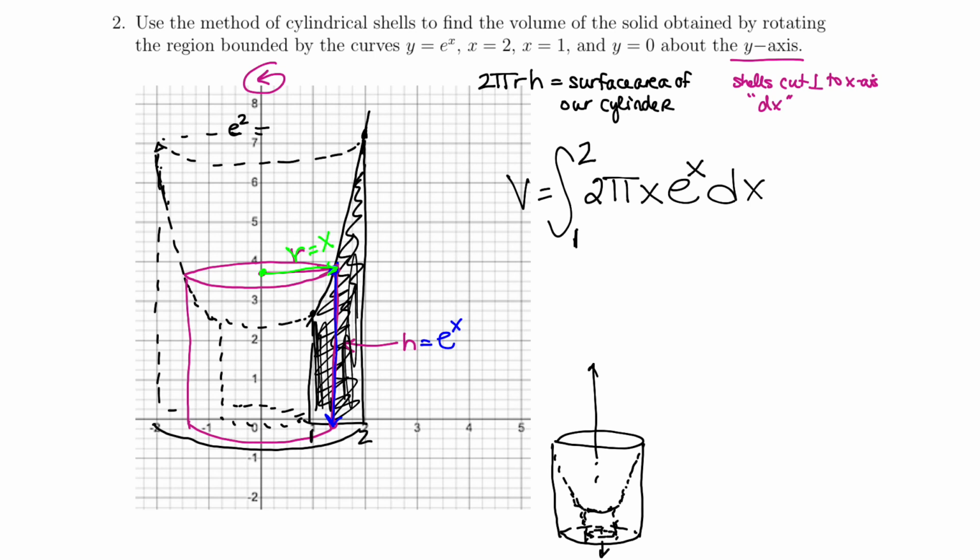By the way, how would we integrate this sucker? What method would we use? Integration by parts. We would use parts. Absolutely, we would use parts. Did anybody do it out by any chance? Let's practice. Might as well practice.